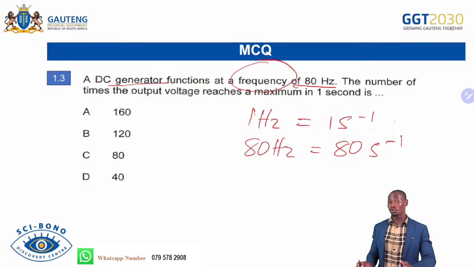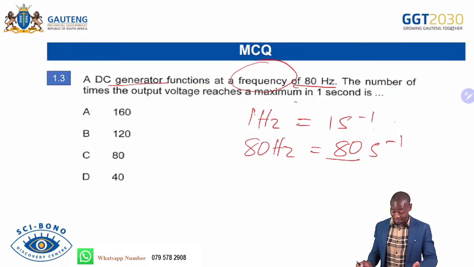So when it comes to generators here, we talk of what? The number of times the output voltage reaches a maximum in 1 second. So 80 hertz is equivalent to what? To 80 cycles per second. 80 full turns per second.